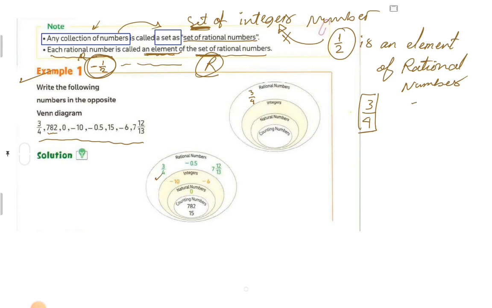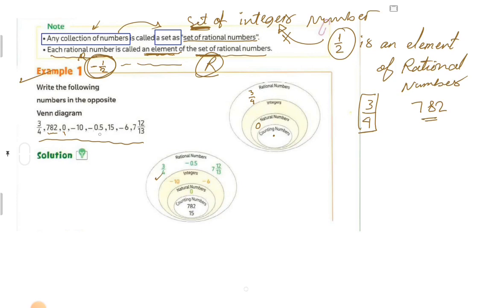782. Is it a counting number? Yes, I can say that 782 is a counting number, so I can write it here. 0 is not a counting number. 0 is a rational number and a natural number.